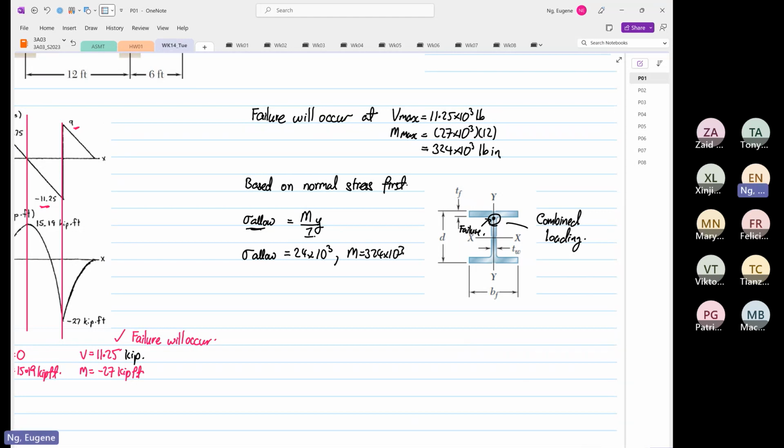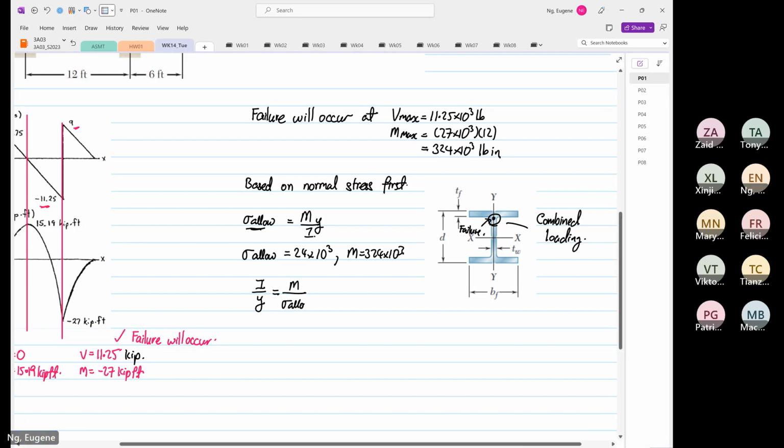So what we want to find is the I over y ratio, which for this case will be equal to the moment divided by stress allowable.